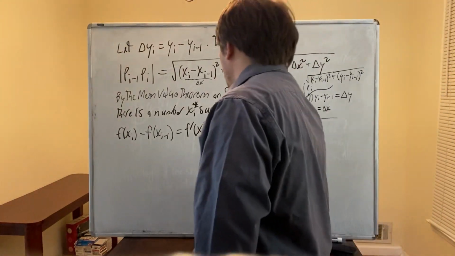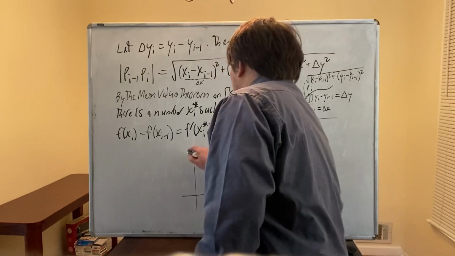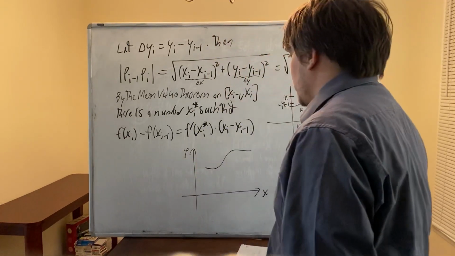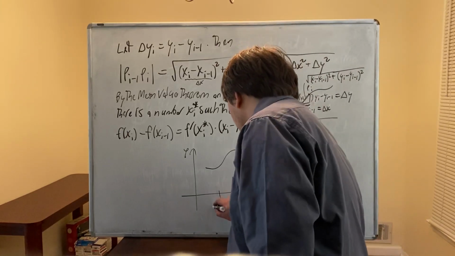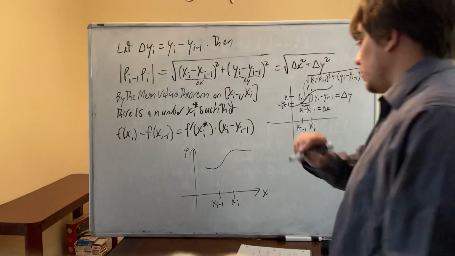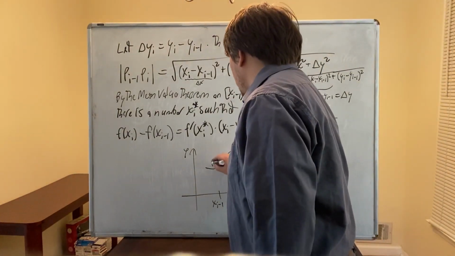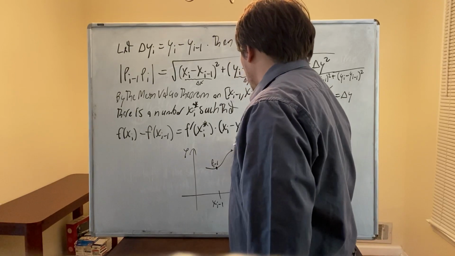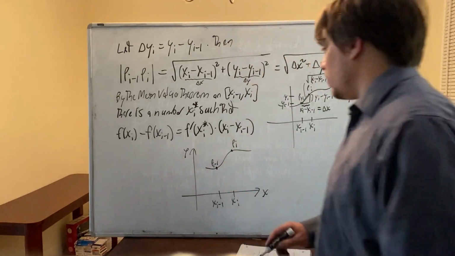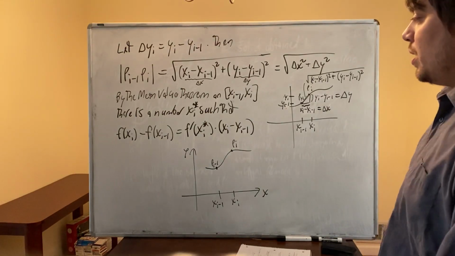What does that mean? So if you have the x-axis and y-axis and you have your curve, you have x sub i minus 1 and x sub i, right? That's your delta x. You have the point p sub i minus 1 on the curve and the point p sub i on the curve. We have a sequence of points, and these are the 2 consecutive points in that sequence.